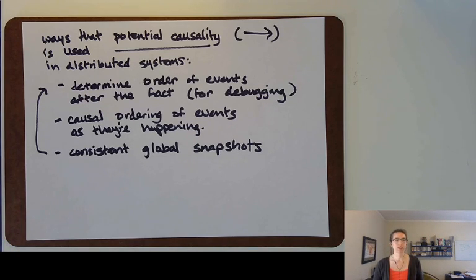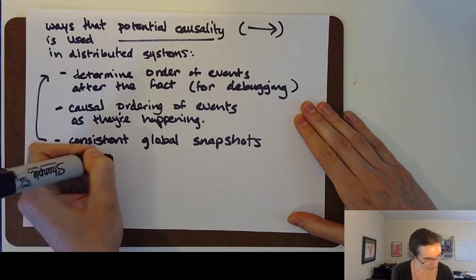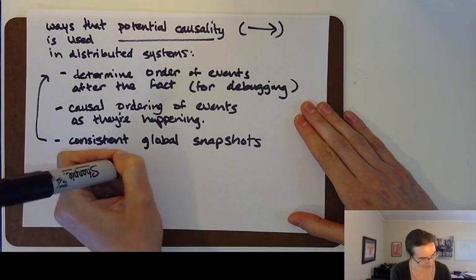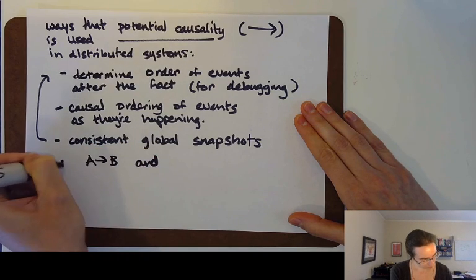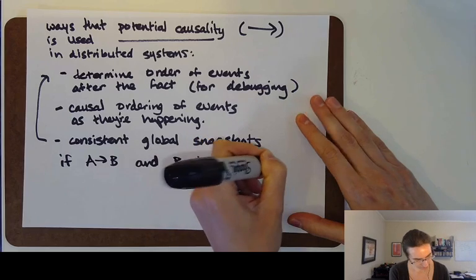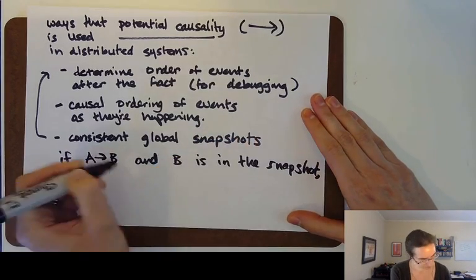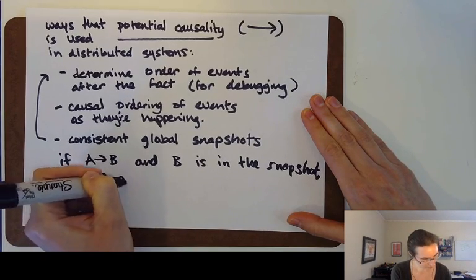So there are some ways to try to take a global snapshot that makes sense and some ways that really don't make sense. But as a general rule, it may not surprise you to learn that if A happens before B and B is in the snapshot, then A should be too.